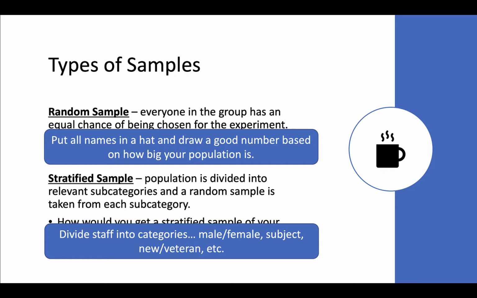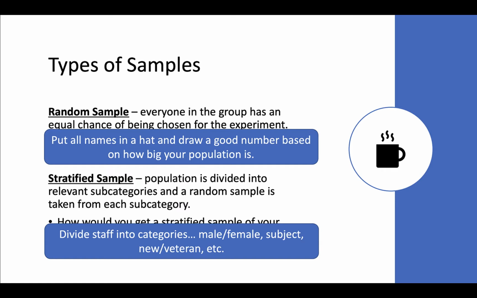Or if they are a brand new teacher, or a veteran teacher like me who's been there for 20 years, who maybe tends to be a little more cranky than the first year teacher, right? So in order to get a stratified sample, you would have to separate everybody out into a subcategory, put everything into a hat, and then draw a random sample from each hat.